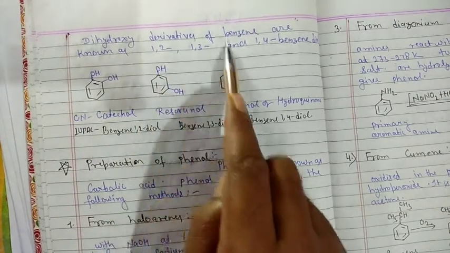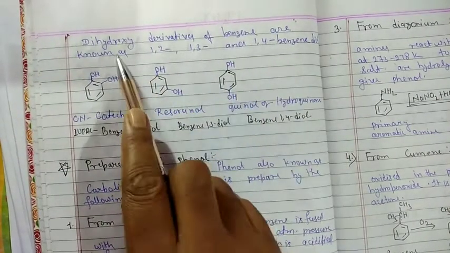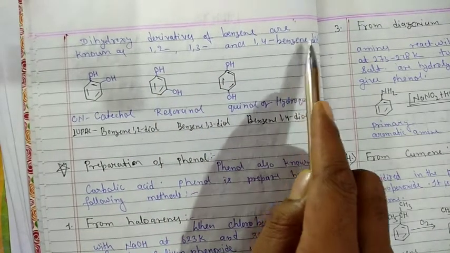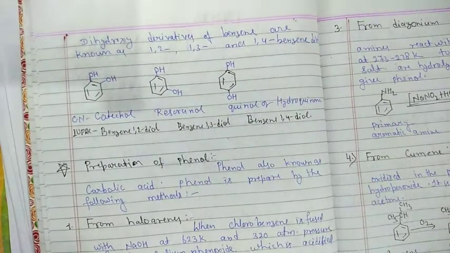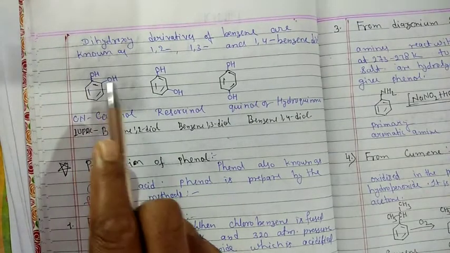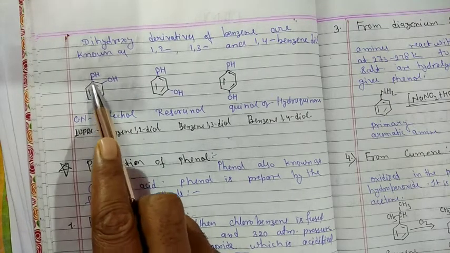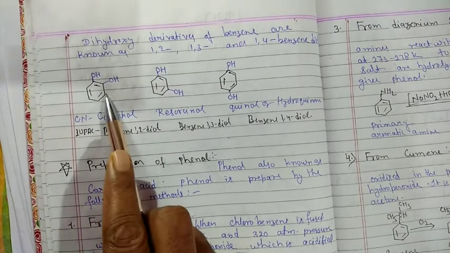Dihydroxy derivatives of benzene are known as 1,2, 1,3 and 1,4 benzene diol. This is benzene 1,2 diol and their common name is catechol.